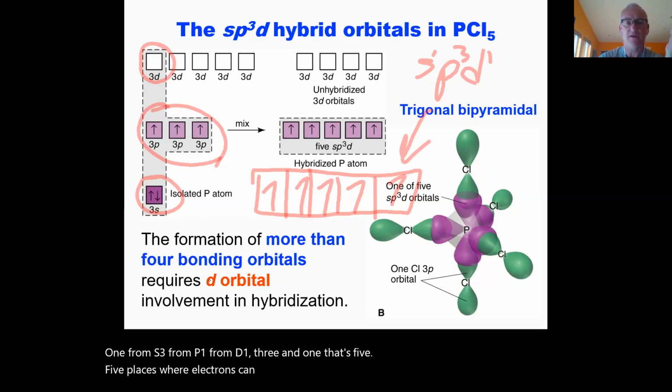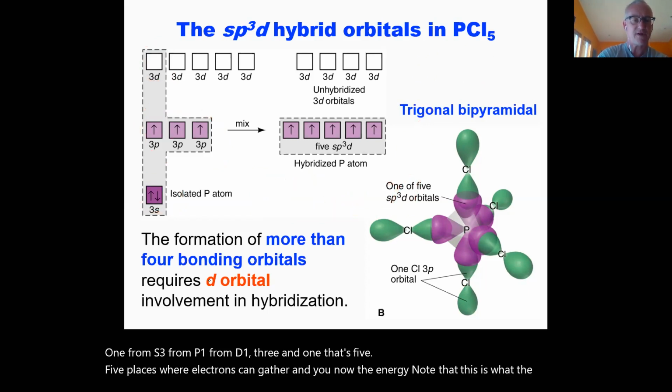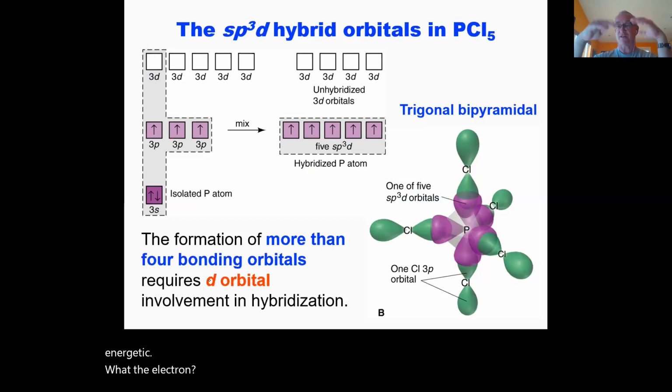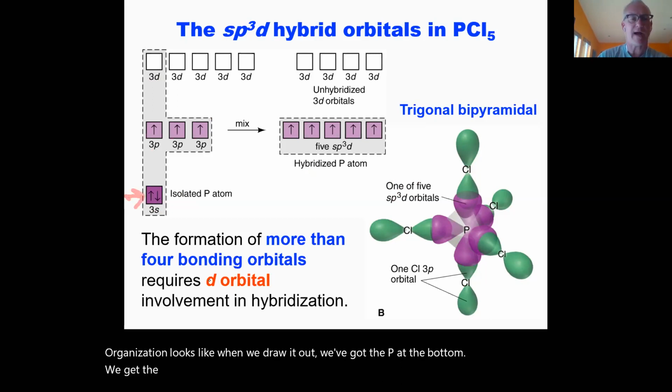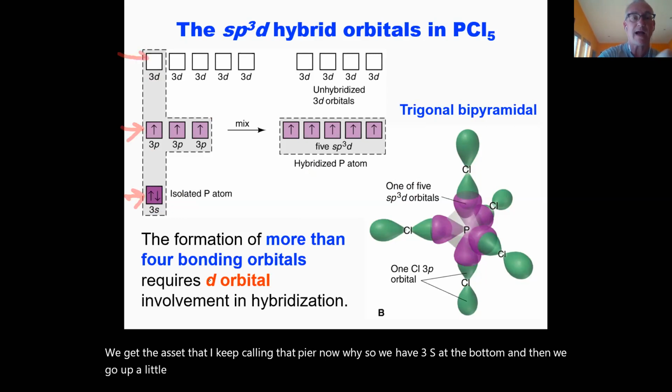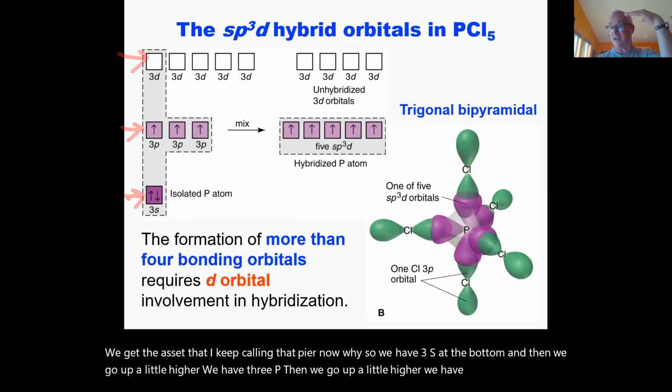And you see now the energy. This is what the electron organization looks like when we draw it out. We've got the 3s at the bottom, and then we go up a little higher and we have 3p, then we go up a little higher and we have 3d. So 3d is the highest energy.